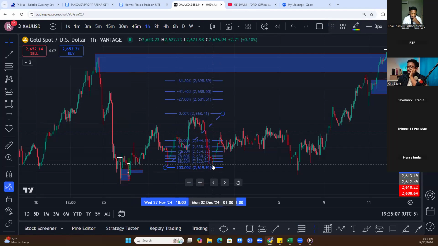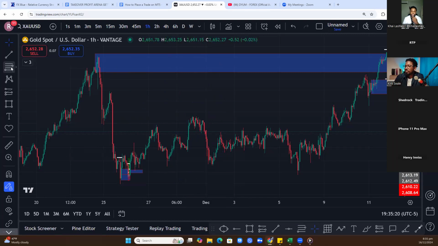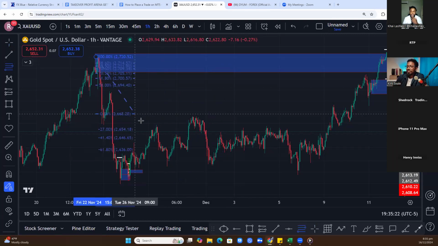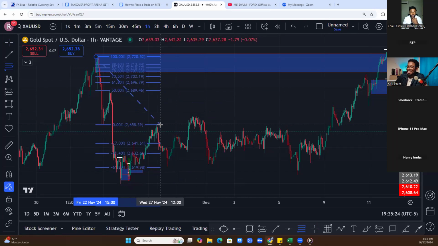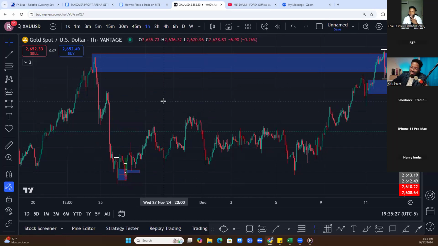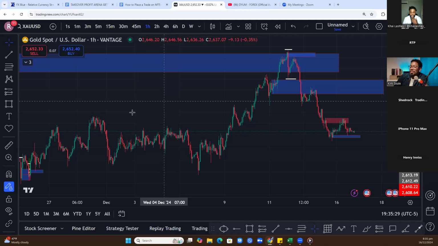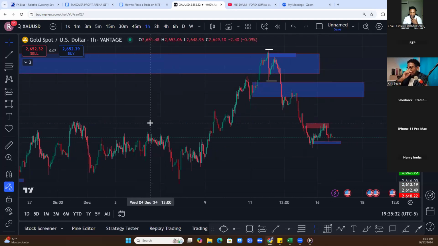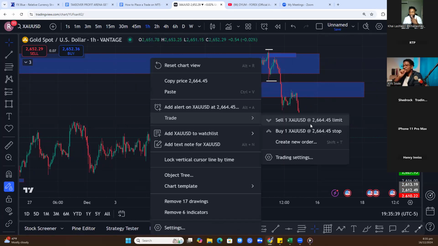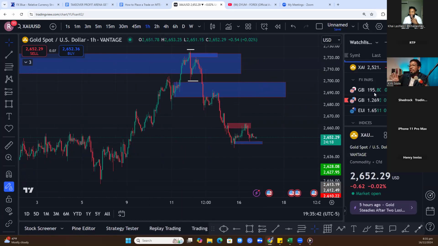I feel like that was one of those manipulations, put it out there to the public, let everybody use it, the golden ratio, and just collect a bunch of liquidity in the market. I only saw one person make this work consistently, and that was in the crypto space. I don't know if crypto is just different.